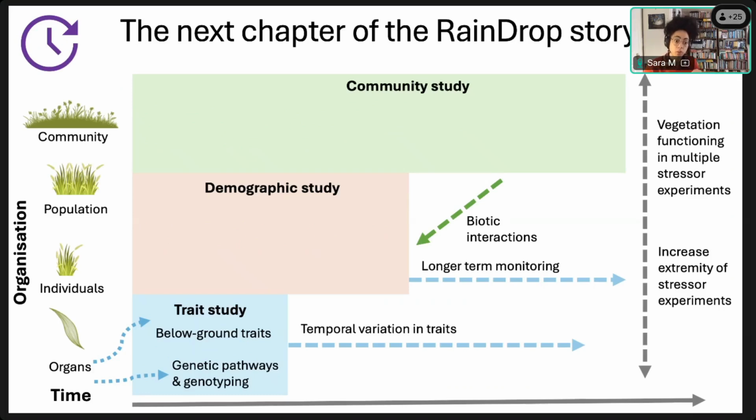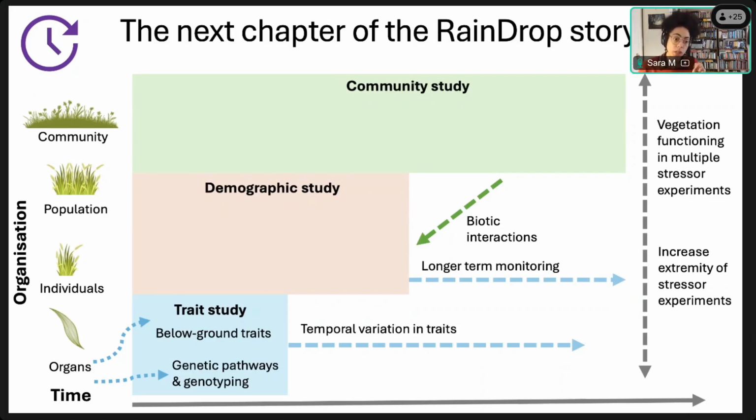It would be interesting also to look at genetic pathways, especially for the trait responses, to see if these are adaptive versus reactive, and genotyping would also be helpful to decompose the source of the variation. And with all the studies, thinking longer term, because the traits were just in one growing season, so it's a snapshot.